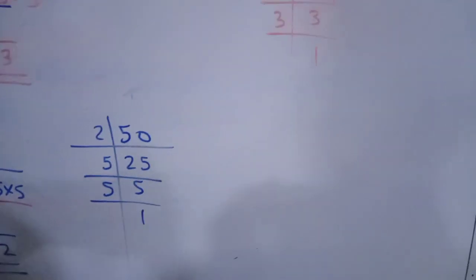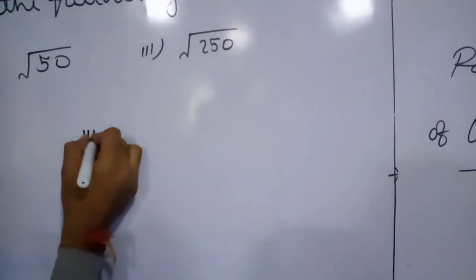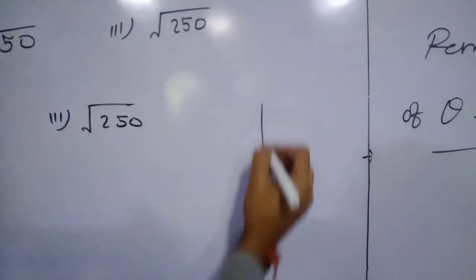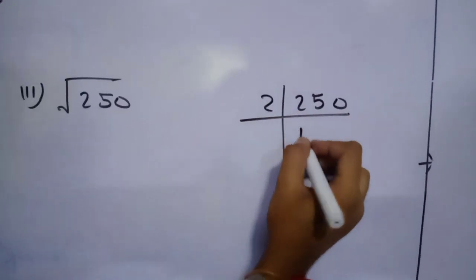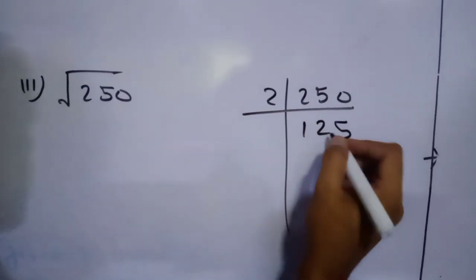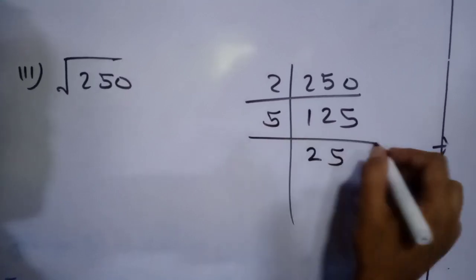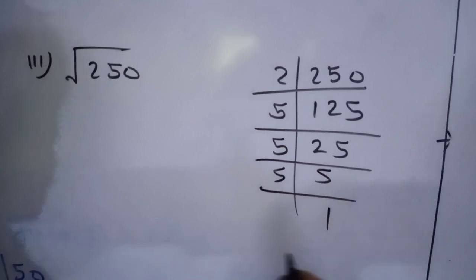Now the third one, root 250. Do the factorization. 250, starting from the 2: 2 1s are 2, 2 2s are 4, 2 5s are 10. 5 2s are 10, 5 5s are 25, 5 5s are 25, 5 1s are 5.